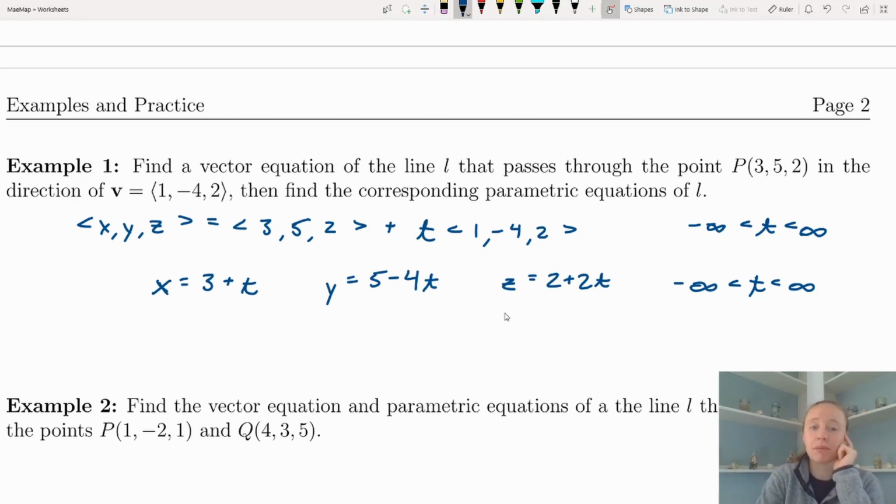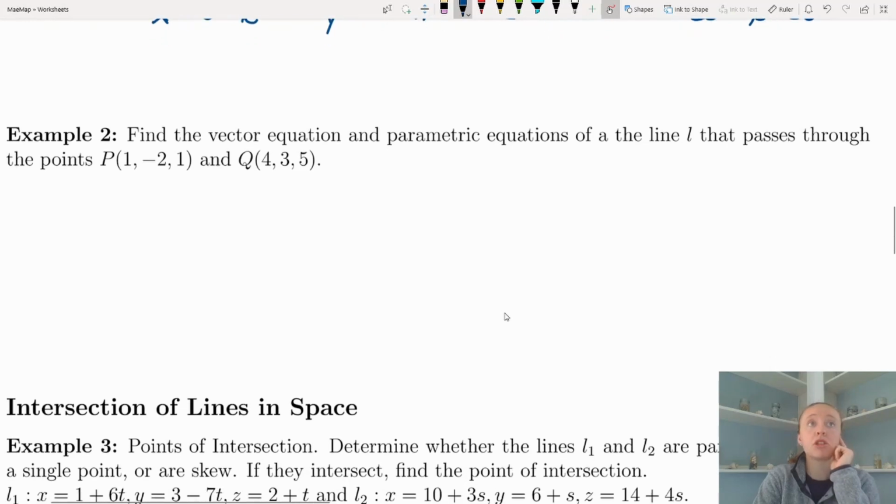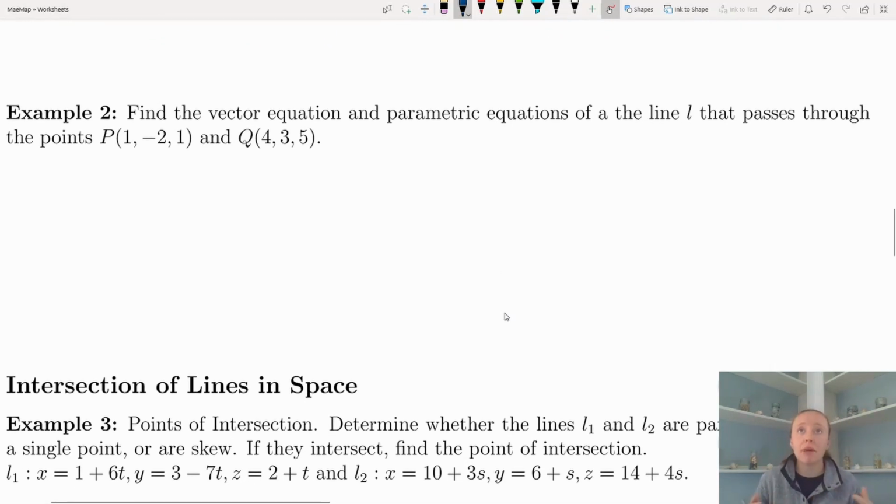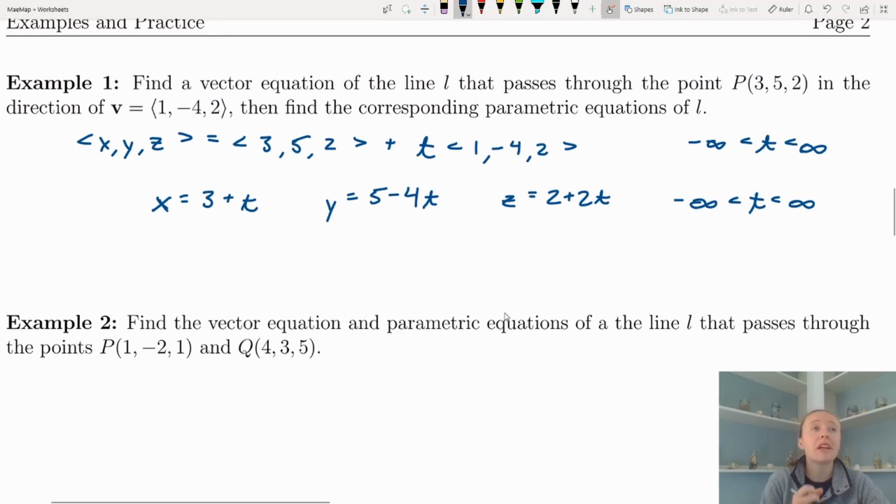Now let's move on to example 2. In example 2, we're going to find the vector equation and parametric equations of a line L that passes through the points P of 1, negative 2, 1 and Q of 4, 3, 5. So unlike above, we don't have the direction v, but we know that if the line passes through point P and it also passes through point Q, then vector PQ is going to give us the direction that line's heading.